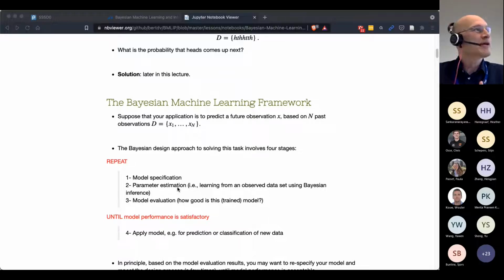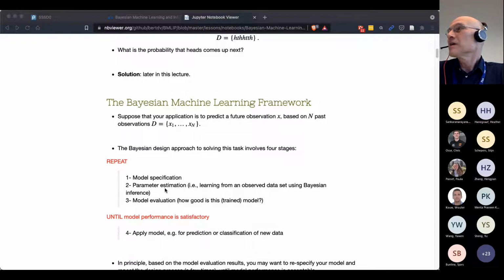You want to maybe incorporate some data, right? You've made observations and you want to say, oh, I want to teach my model to be consistent with the data set. Well, you can do parameter estimation. And you want to evaluate how good is this model? Maybe I should have taken another model. Well, you can do that with probability theory, right? Just like parameter estimation, just probability theory.